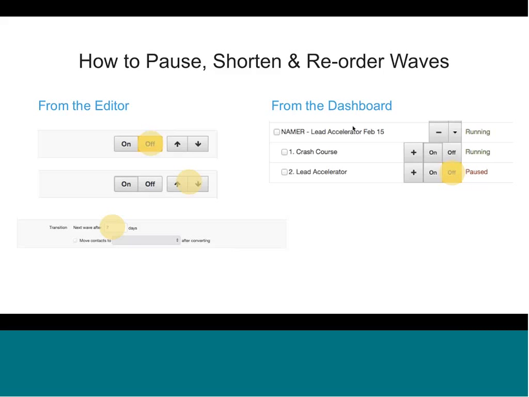So we can just click that off button to turn a wave off entirely. We can click the up and down arrows to change the order of waves. And if we want to change the length of the wave, that's going to be at the bottom of the wave, and we'll just update that number of days. So maybe we want to change that from 7 to 5, just click update. And always make sure to save your changes so that they're actually preserved.